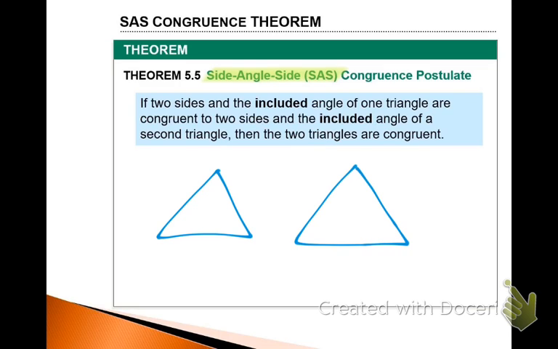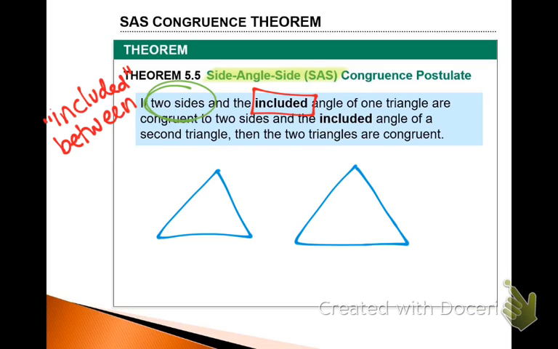What is the word that's bolded twice? Included. I would write off to the side what this means: included means between. So if two sides and the angle between them are marked congruent, then the two triangles will be congruent.